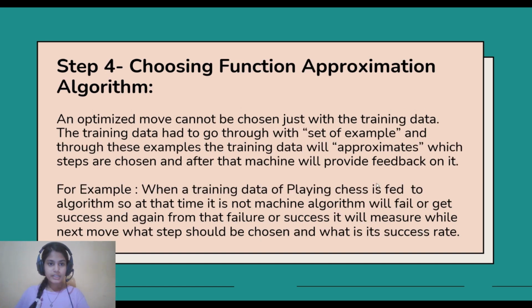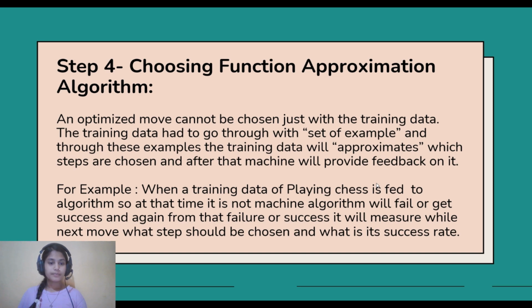Now, the fourth one is choosing function approximation algorithm. An optimized move cannot be chosen just with the training data. The training data has to go through a set of examples, and through these examples the training data will approximate which steps are chosen, and after that the machine will provide feedback on it.